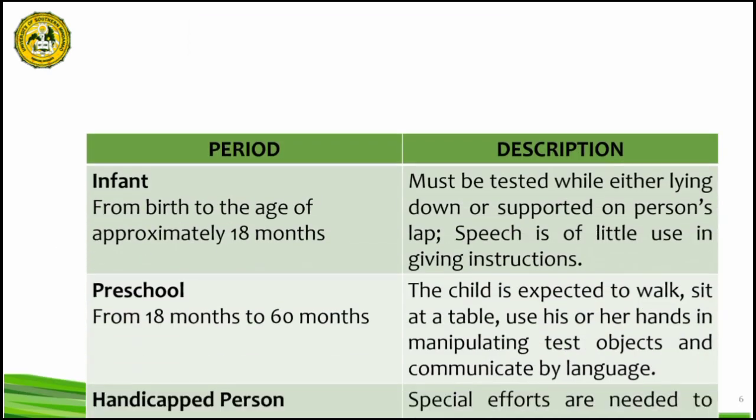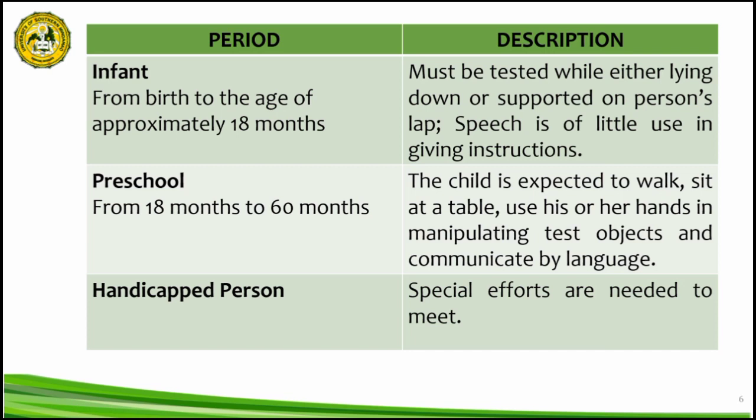This is the further explanation I mentioned earlier. First, the infant period is from birth to the age of approximately 18 months. Here, infants must be tested while either lying down or supported on a person's lap. Next, speech is of little use in giving instructions, although the child's own language development provides relevant data.